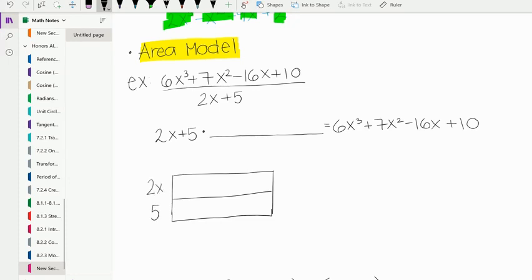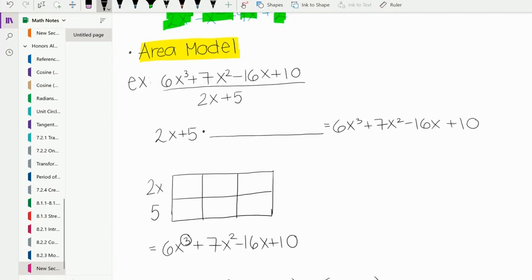We don't know what we're multiplying 2x plus 5 by to get 6x cubed plus 7x squared minus 16x plus 10, but we know it's going to be 3 terms. One little trick: because the answer is a third degree polynomial, you make it 3 columns, and that will always work.